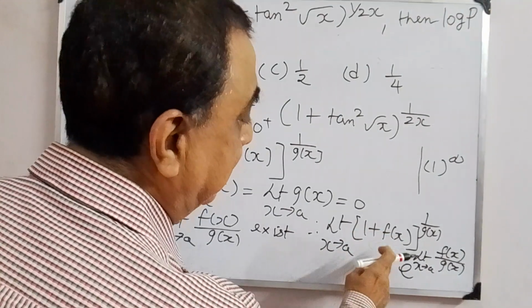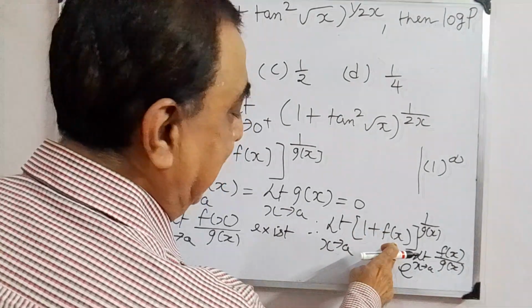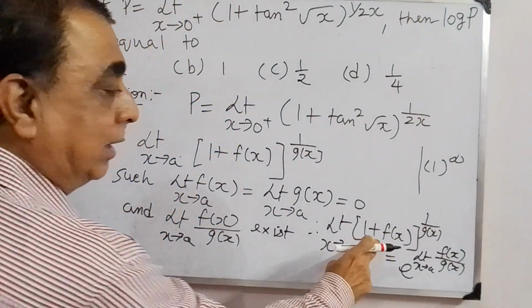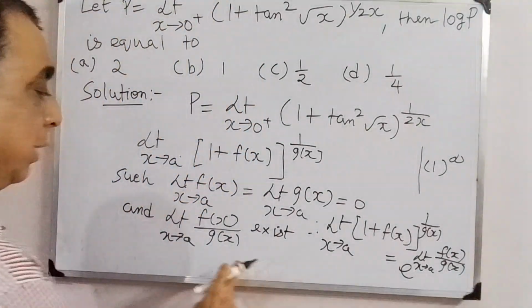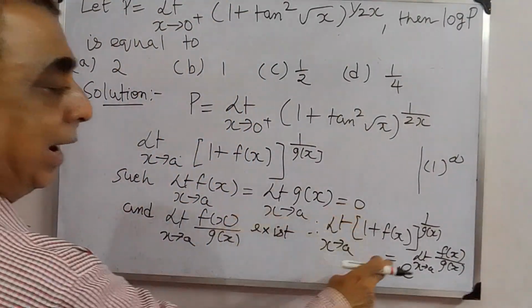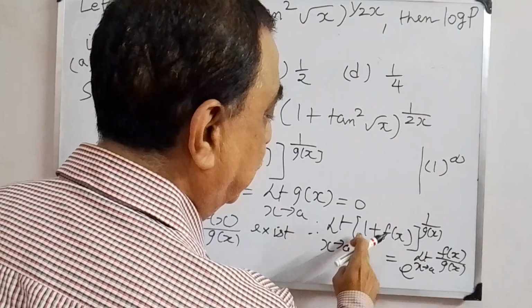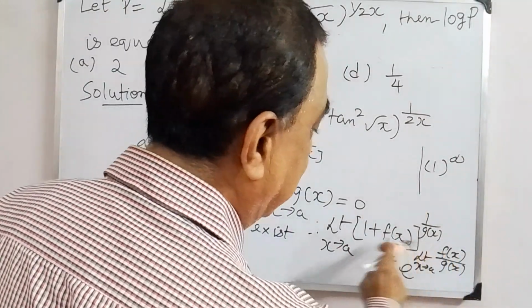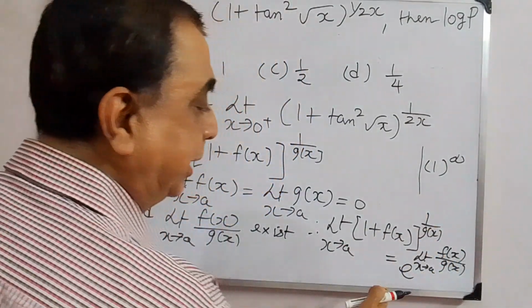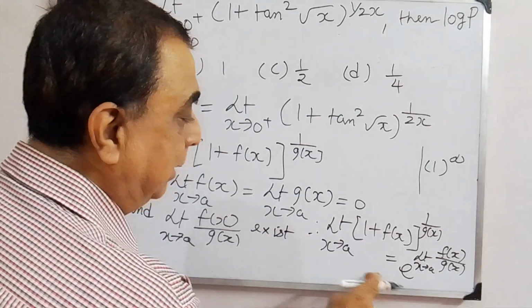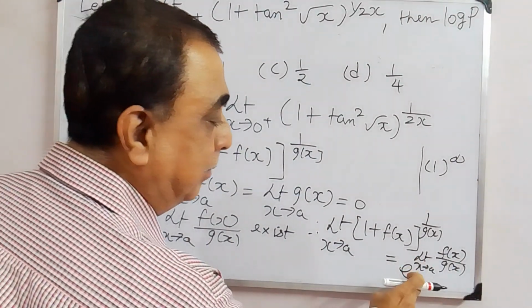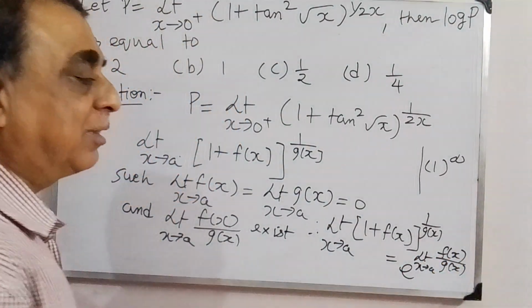Here the limit of f of x when x tends to a is 0, and g of x is also 0, so 1 by g of x becomes infinity and this becomes 1 to the power infinity. So its formula is e to the power limit x tends to a of f of x by g of x.